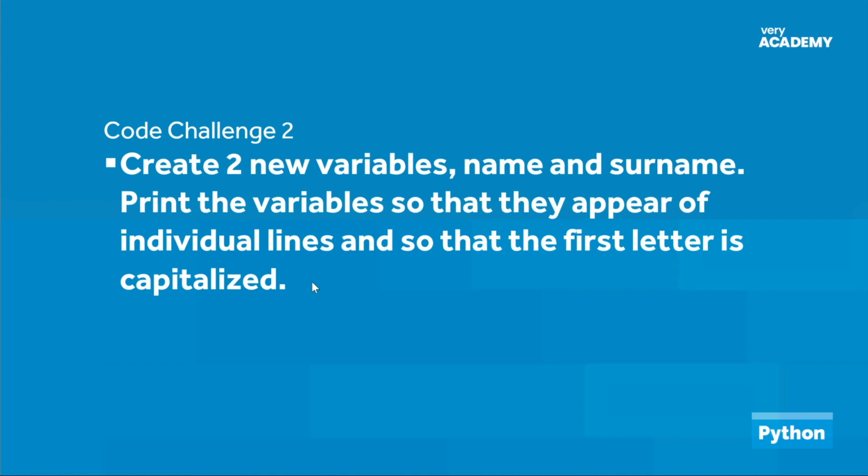Code challenge 2 is to create 2 new variables, name and surname, and then to print the variables so that they appear on individual lines, and so that the first letter is capitalized. We're just utilizing some of the skills that we learned previously. If you can't remember, that's okay. Just go back to the examples. You'll find them in the GitHub repository to save you going back in this tutorial.